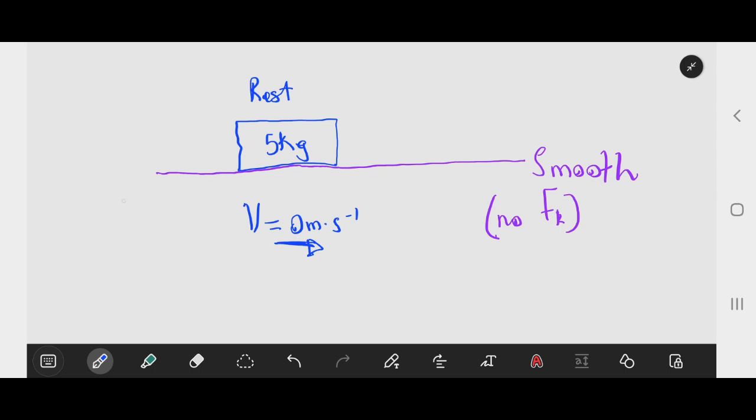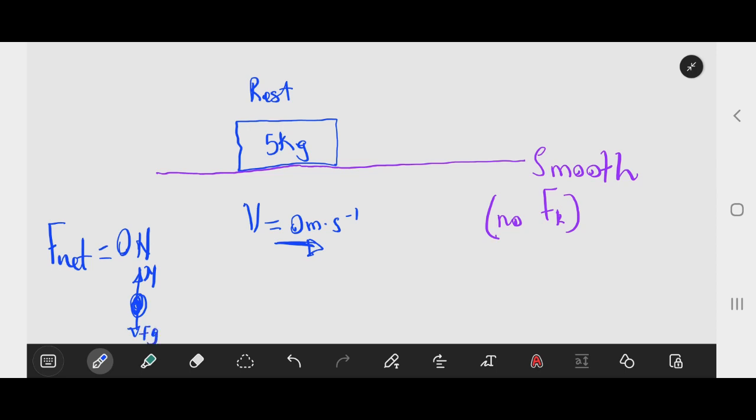So now, what conclusion can we have from the term rest? If an object is at rest, it is not moving, and by conclusion, that is because the net force acting on that object is equal to 0 in each and every direction. So if we were to draw a simple free body diagram for this object, we would have the normal force and the gravitational force of the object.